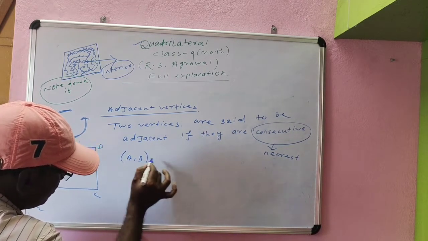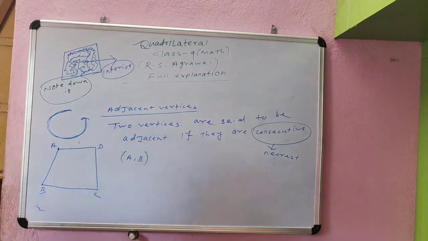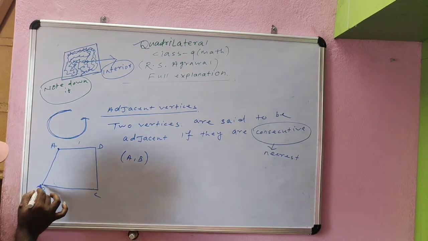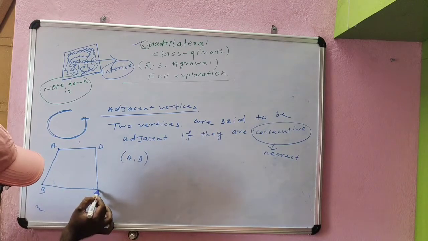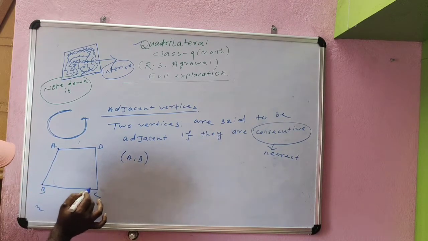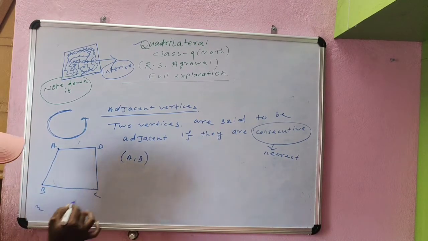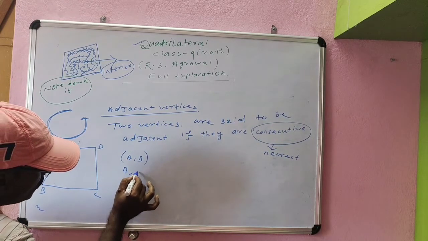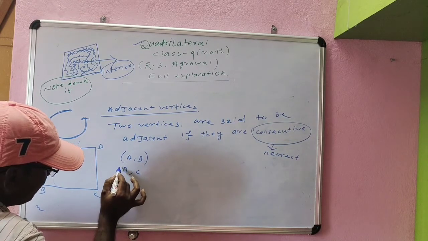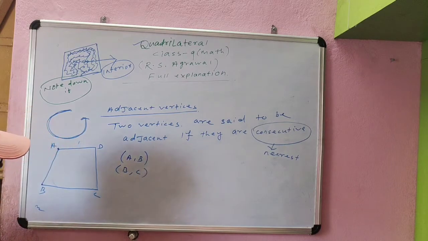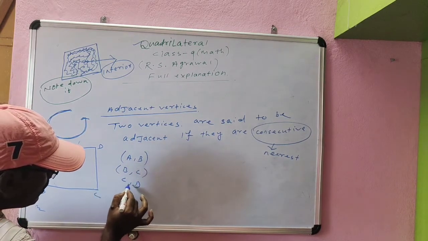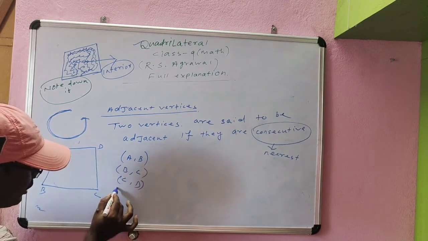It is an adjacent pair. Similarly, if you take B and next to C, these 2 vertices, it is also an adjacent pair. Similarly, CD and DA.